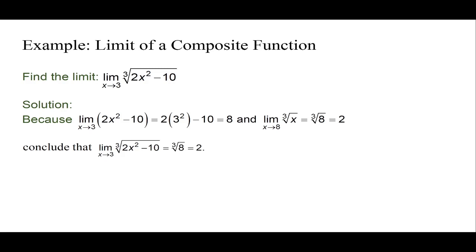And now we know when x approaches 8, the outer function, which is cube root of x, would be 2. So there are two ways you can find out. You can just find the value of this function inside the radical sign, plug that value in, and then do the simplification, which is cube root of 8 is 2. Okay, that's because this is a composition function.